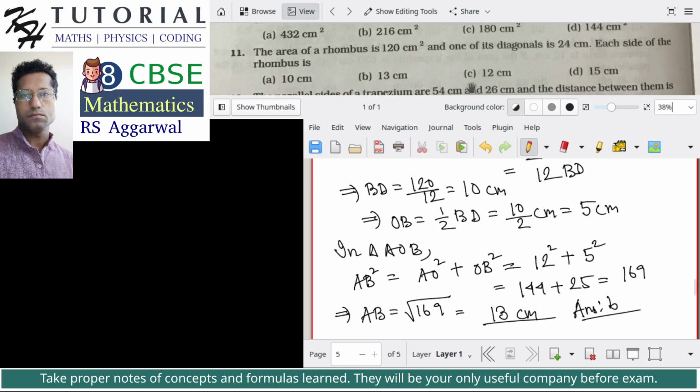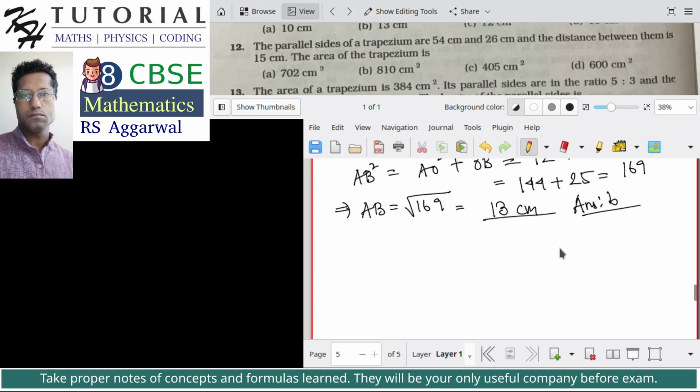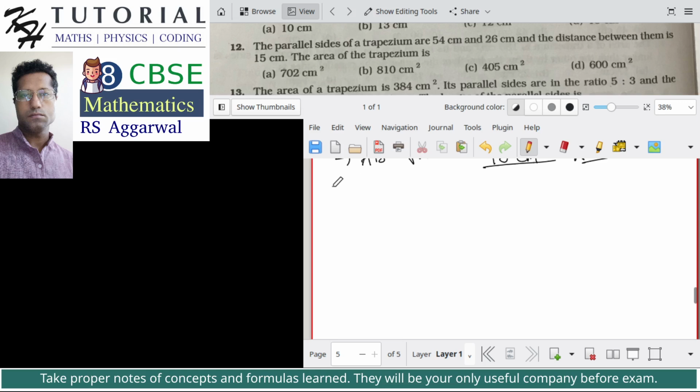Okay. Let's do question number 12. The parallel sides of a trapezium are 54 centimeter and 26 centimeter, and the distance between them is 15 centimeter. Find the area. This is a very straightforward question.